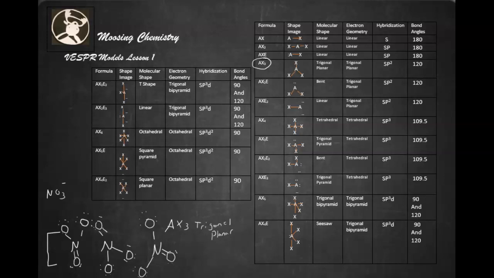And then of course we're going to close it all off. Let's get rid of that AX3 because it's now in the way there. And we're going to make this a -1 charge.